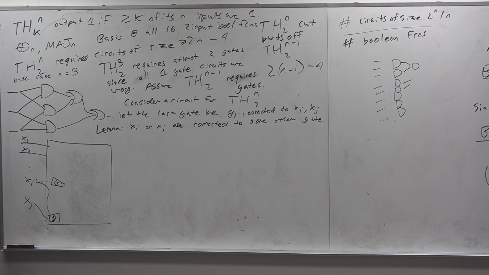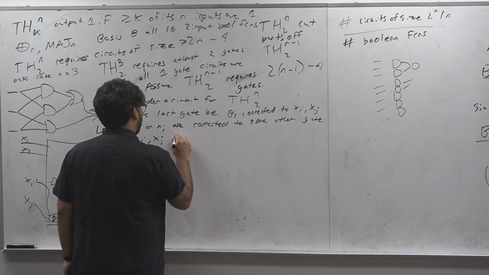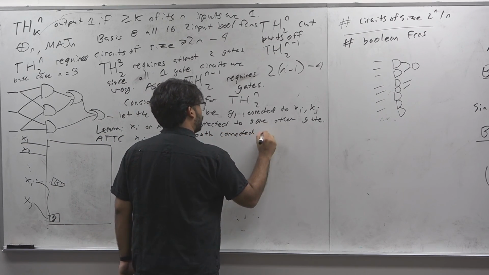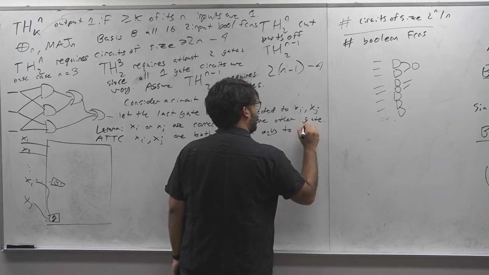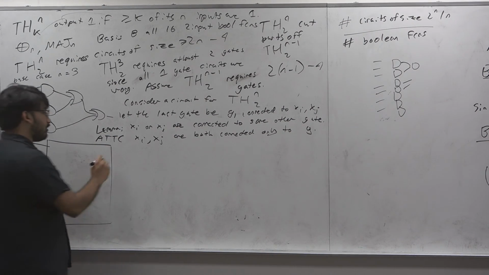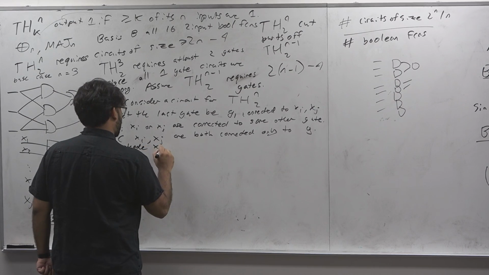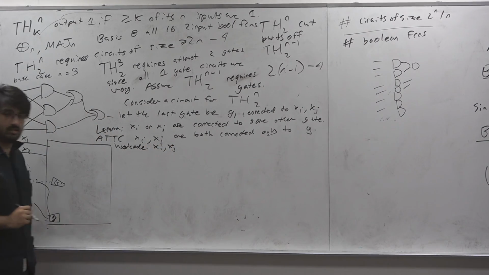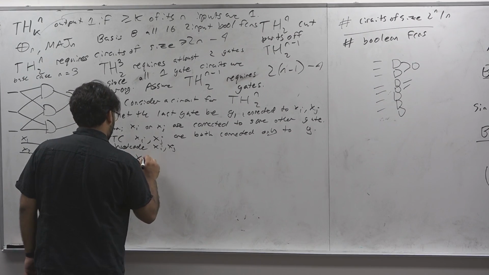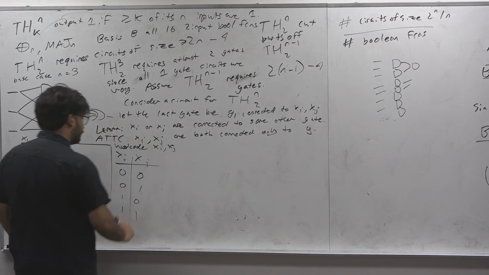Proof, assume to the contrary, Xi and Xj are both connected only to G, okay? Hard code Xi and Xj. If they're only connected there, we have these inputs that are not really important. Xi and Xj could be one of the following: 0,0, 0,1, 1,0, 1,1, okay?